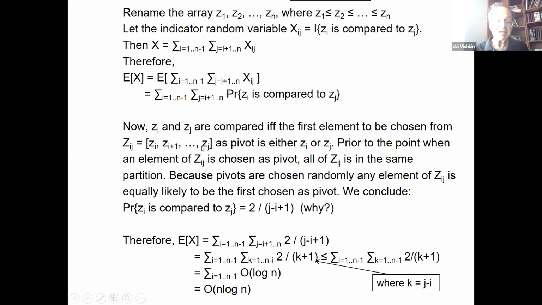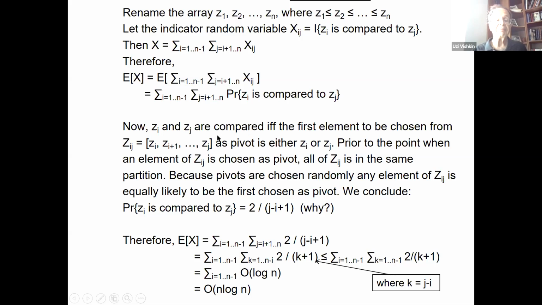But clearly, the algorithm cannot run to the end without choosing at least one element in any of the output subarrays. Because if we didn't choose anybody here, we never compared, and we would have no way to conclude that we did the sorting, and the sorting would be incorrect. So there has to be some point where some element in this range was chosen as a pivot. It can be either Zi, some element in the middle, or Zj.